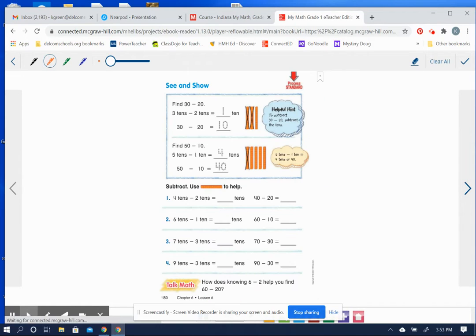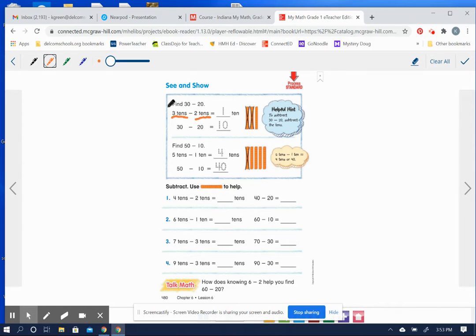Okay, let's look on the back of this page. Now, if we're going to find 30 minus 20, here we go, 30 minus 20. 30 is the same as three tens. 20 is the same as two tens.